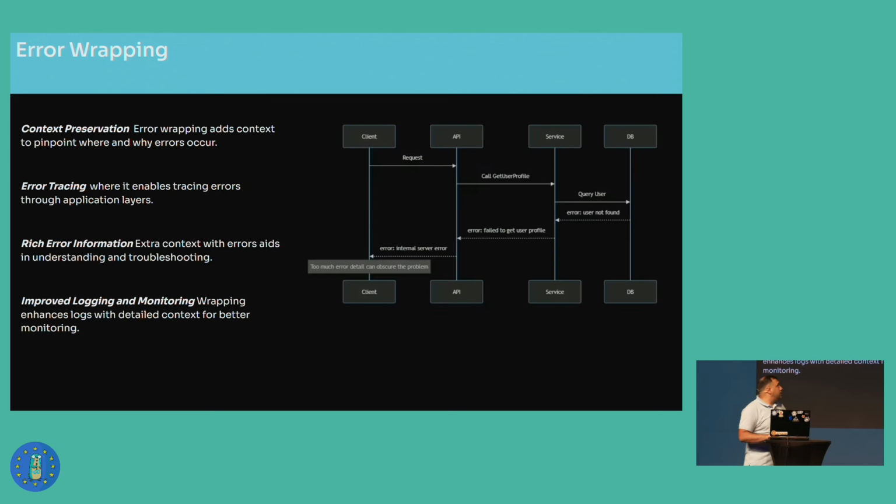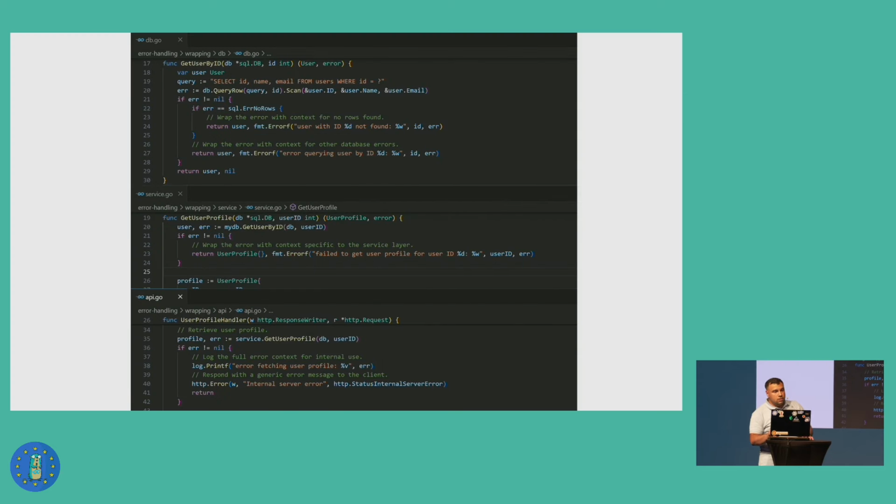So for example, we have a use case where a client queries a user from a specific database. As we propagate through multiple layers, we can wrap errors. For instance, at the database, let's go to the code. I have 3 layers here.